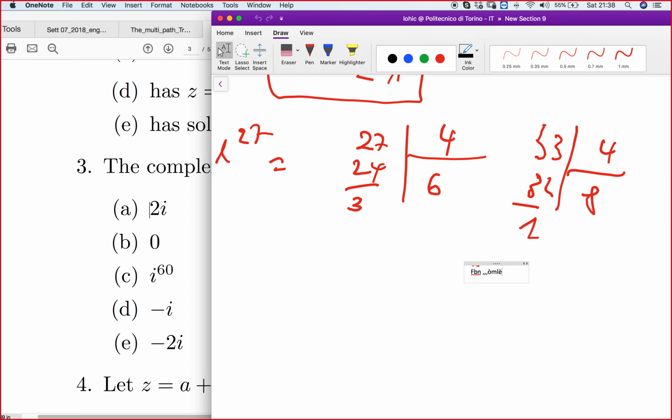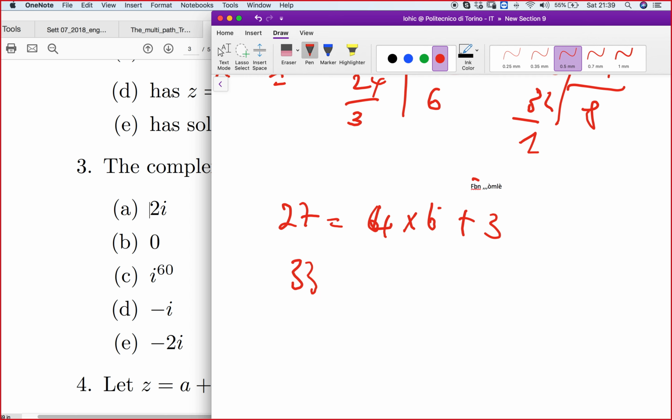Okay, is that clear? So we can write that 27 is nothing else than 4 times 6 plus 3, right? And 33 is 4 times 8 plus 1.